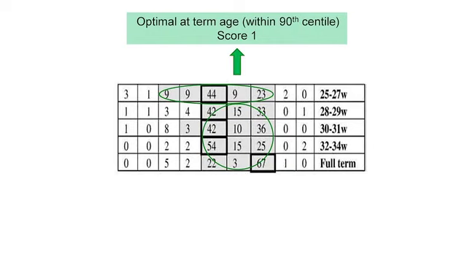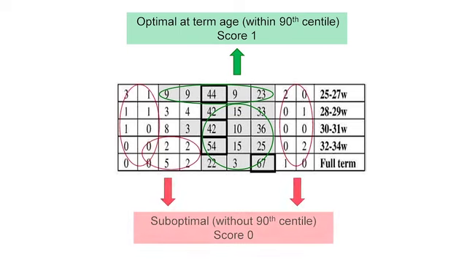So on this form, the grey boxes denote optimal responses from term infants, or the expected range in preterm infants, scoring 1, whilst the responses in white boxes are considered suboptimal and score 0. Using this simple scoring system, the possible score for any one item is 0 or 1.